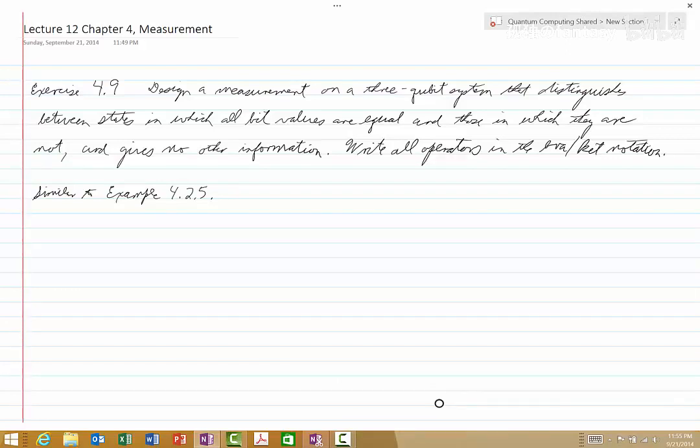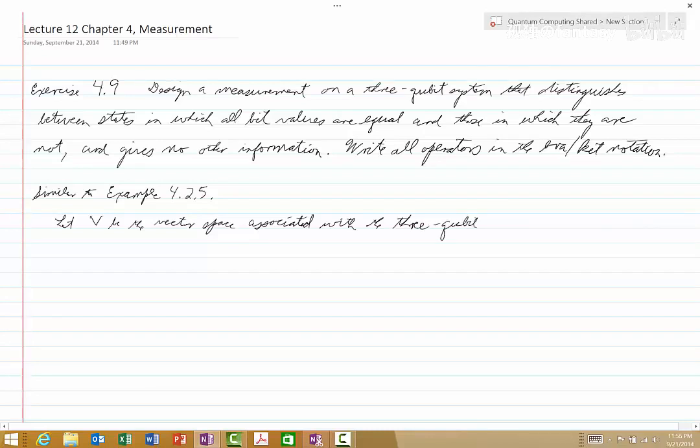So putting this in the same kind of notation that we have for example 4.2.5, what this means is the following. We will let V be the vector space associated with the 3-qubit system.